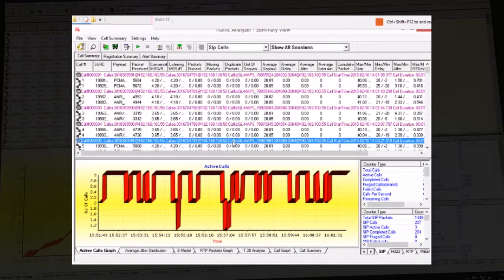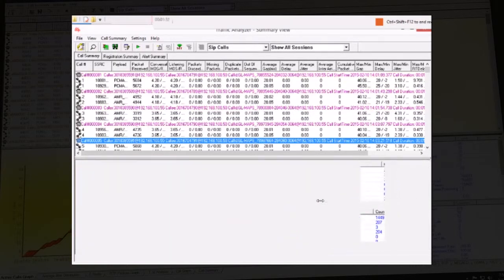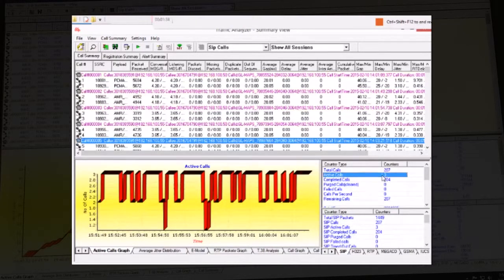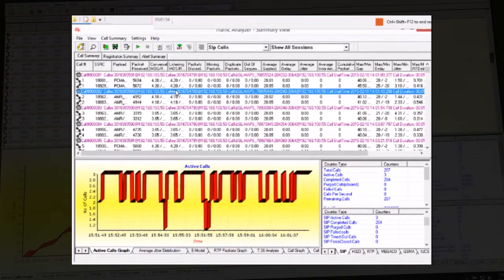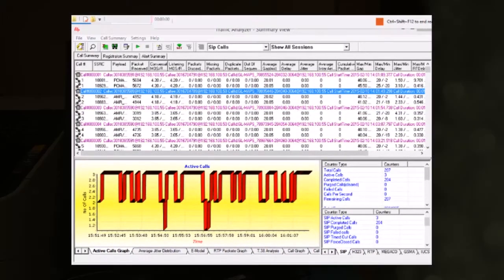And as time progresses, calls are obviously being initiated and terminated. And in this case, as I had mentioned earlier, we've got about 60-second to 120-second duration calls. Now, up at the top of the screen, we have the calls as they are progressing, each and every call. We can see here that we have lots and lots of calls that are being accumulated. If we highlight on any of these calls, like for example this.